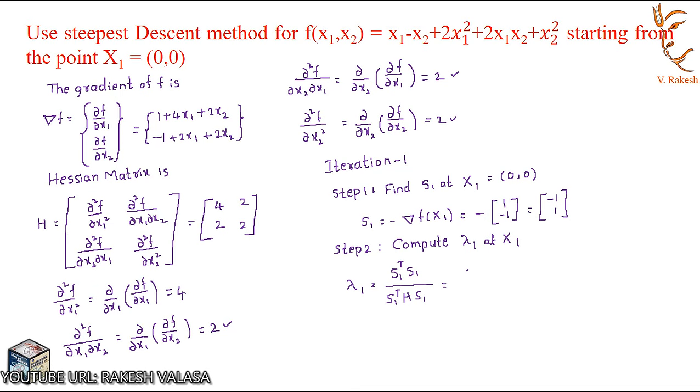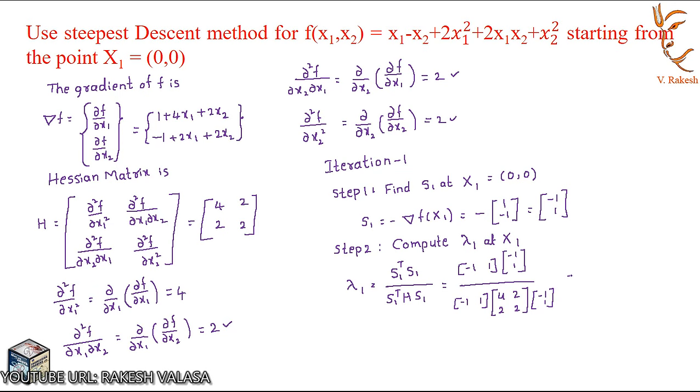S1 transpose is minus 1 plus 1. S1 is minus 1 plus 1, by S1 transpose, that is minus 1 plus 1, Hessian matrix, that is 4 2 2 2, S1 is minus 1 plus 1.